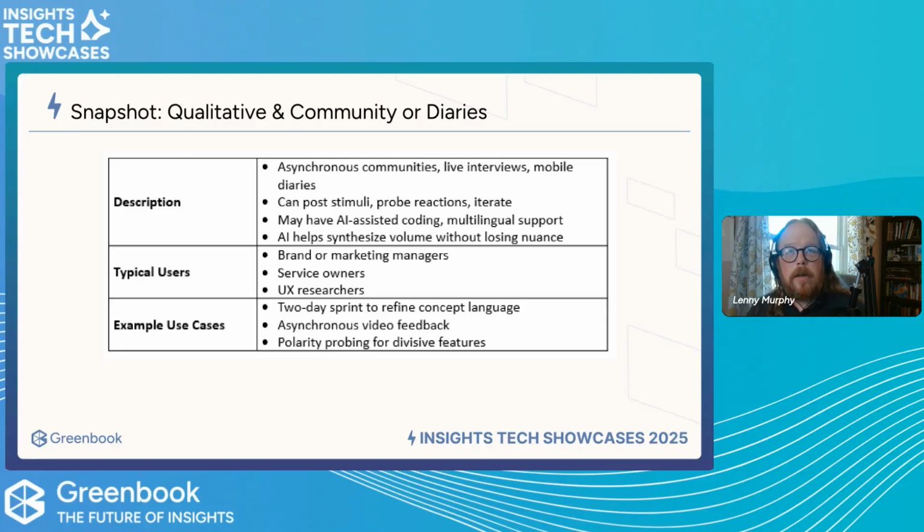Lots of branded product marketing managers utilize these. Of course, UX researchers utilize them as well. It doesn't have to be an either or. You could do a survey, you can refine the concept, you could test again within qualitative, or vice versa. So it could be a very iterative process.